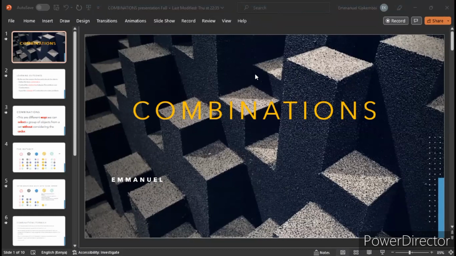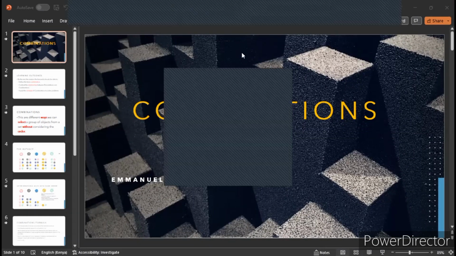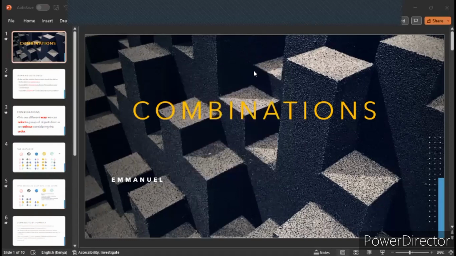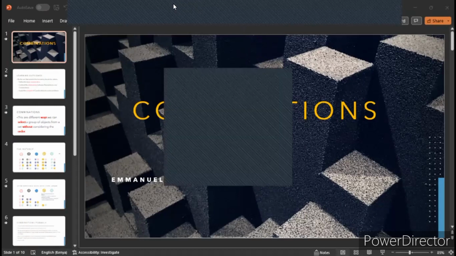What else did we learn in the last class? Teresia? We learned about combinations and factorials. So we didn't learn about combinations, but we learned about factorials. So what are factorials? Can you expound?